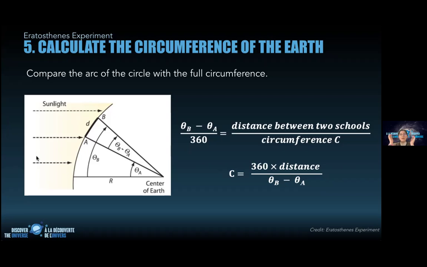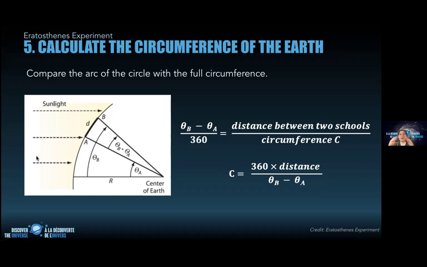So you want to take your angle and the angle from the other location, and you find the difference of it. You just want the value of that difference. So if it comes out being negative, scrap the negative, it's just the value. So you find the difference, then you divide it by 360 degrees, because that would be a full circle.